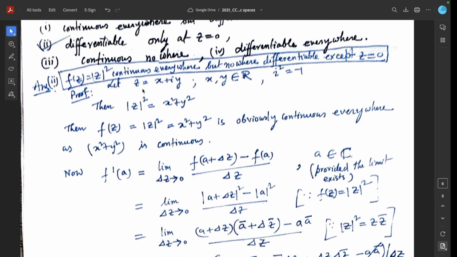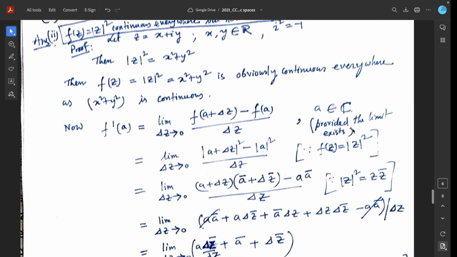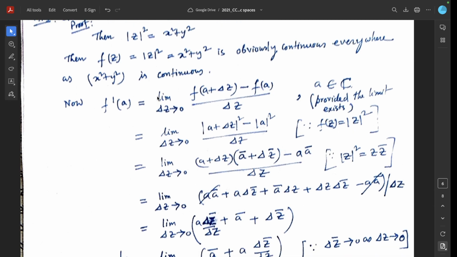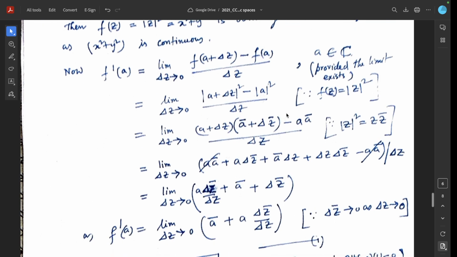So let z equal x plus iy, x, y real, and i squared equals minus 1. And f(z) equals mod z square, so this is x square plus y square. Obviously, this is a continuous function, continuous everywhere for any x, y. Now, f dash a is, by definition, the limit as delta z tends to 0 of f(a plus delta z) minus f(a), divided by delta z, where a is a complex number, provided this limit exists.